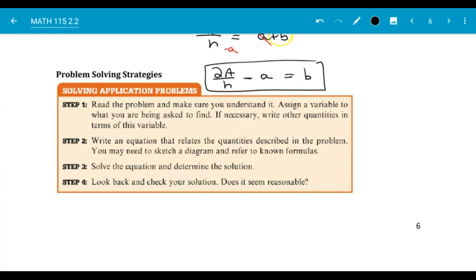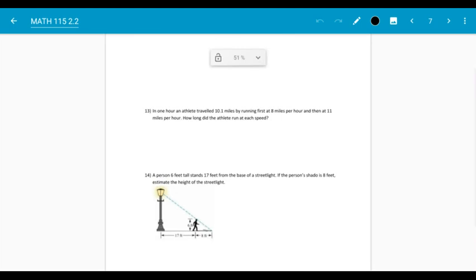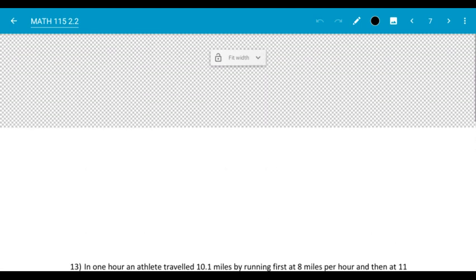Draw a picture or a table or a chart or whatever's appropriate for the problem type. Get an equation, solve the equation, check your answer, and state your answer. Those are our problem solving steps as we proceed into some word problems here on page 7.